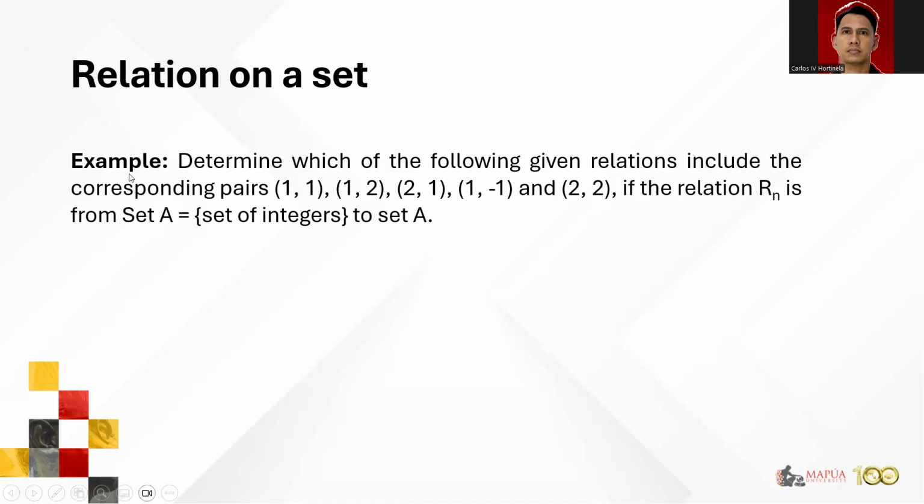Okay, this is another example I lifted from the book. Which of the following given relations include the corresponding ordered pairs? The relations formed here are taken from set A, which comprises the set of integers, to set A. So this means we're grouping together two integer numbers.